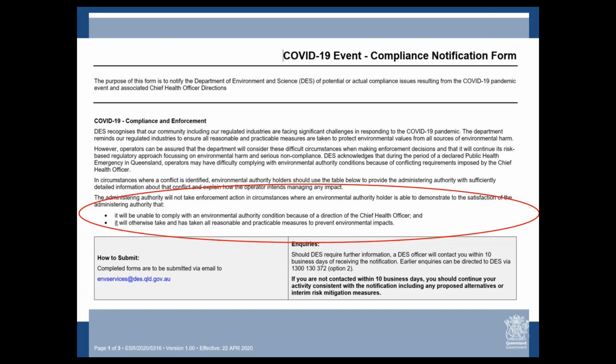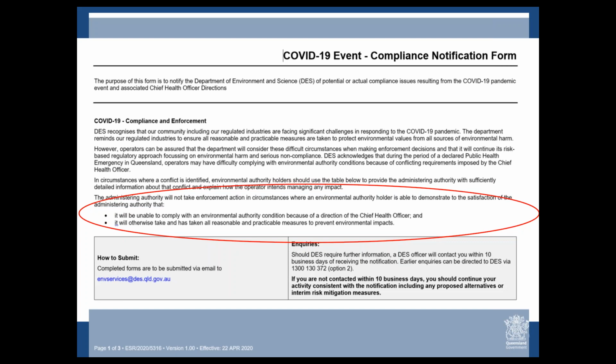So it's quite a clear statement from our department that we're trying to work with EA holders. We're cognizant of the fact that things will happen as a result of trying to meet the direction of the Chief Health Officer, and we want to work with you.